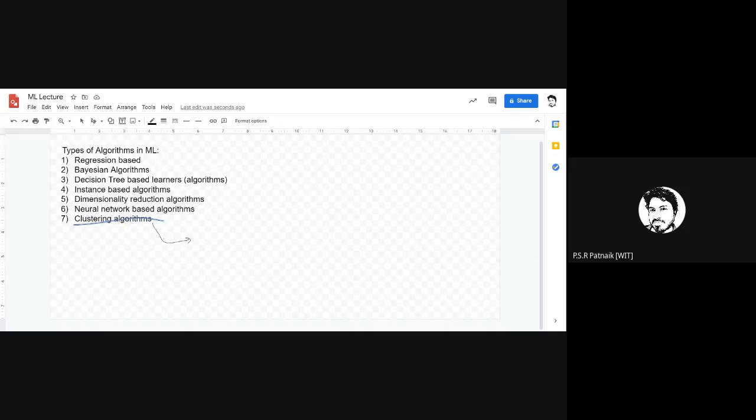Suddenly it identifies that in the whole data set some value is very high. Such odd values, these algorithms are better at identifying these noises. So that's the area where we often use clustering algorithms.